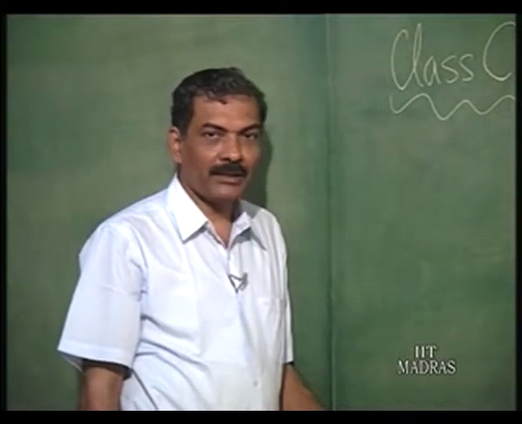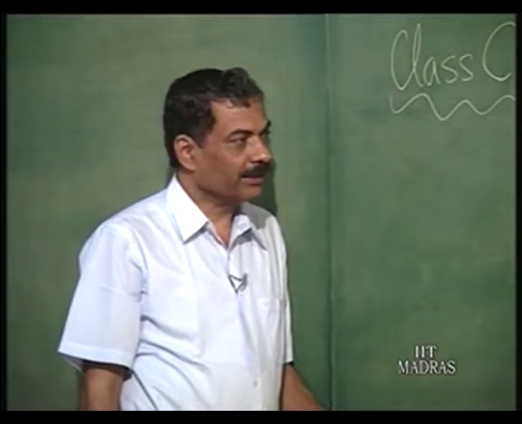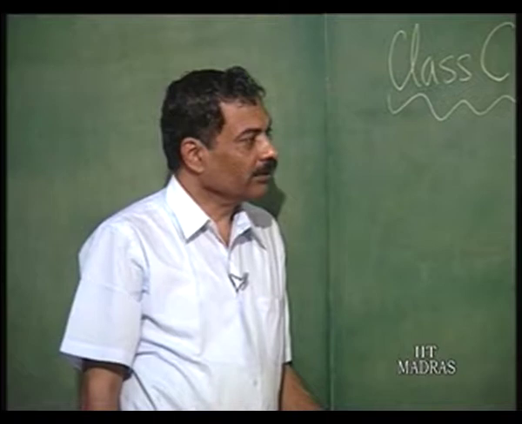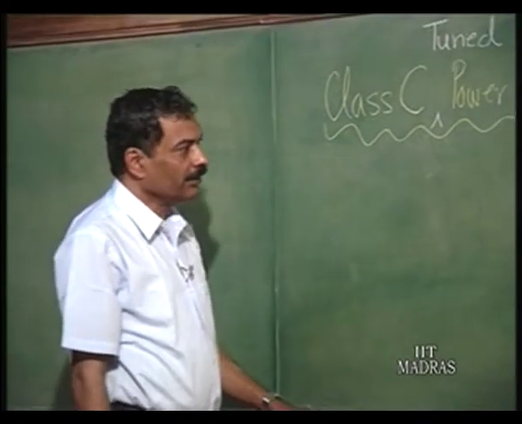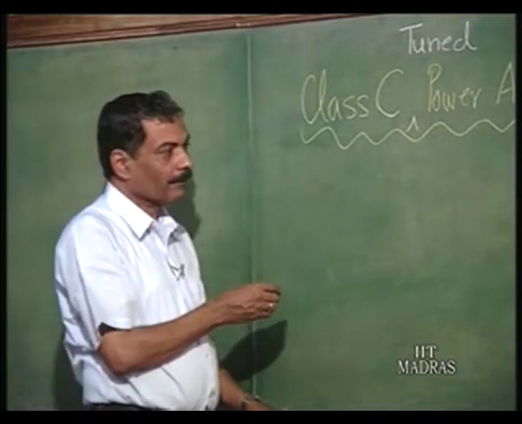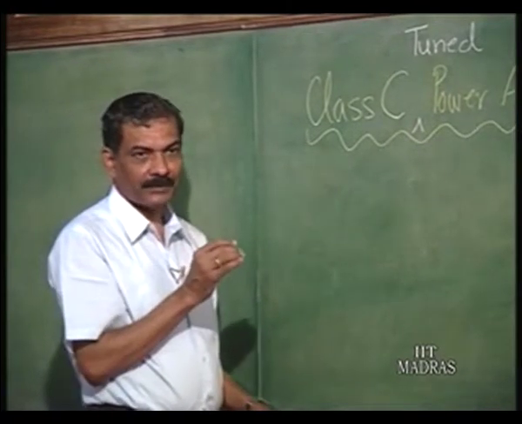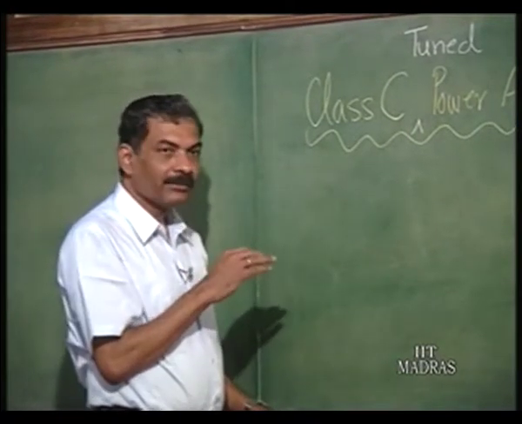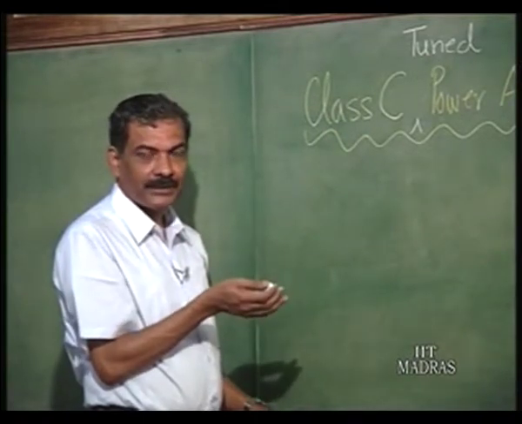So, if you apply a reverse bias, it can be made much less than the 180 degrees. So, let us see how doing that kind of thing we can achieve better performance. Obviously, in class B we got 78.5% efficiency. We have to see whether class C operation can make it more efficient than that.